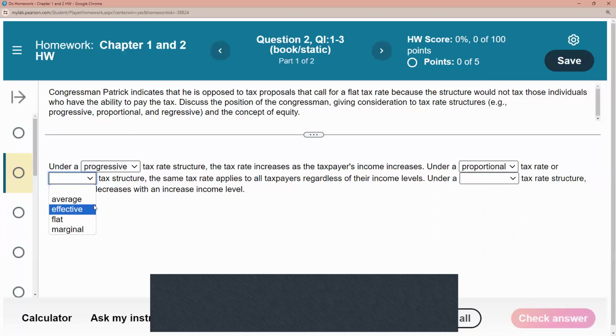Next, we have the effective tax rate. The effective tax rate is essentially the total tax liability divided by the total economic income. Total economic income includes all types of economic income that a taxpayer has for the year. This is much broader than taxable income, and it also includes most types of excludable income.